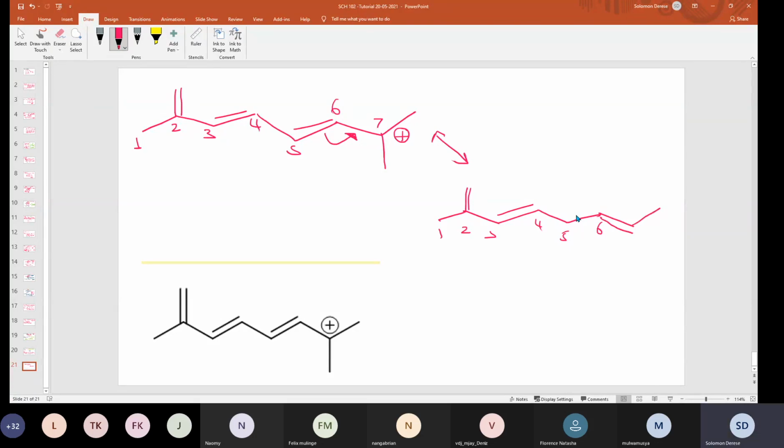And then we have these two methyls. So what happens? What are we going to have on carbon number 5? Positive charge.